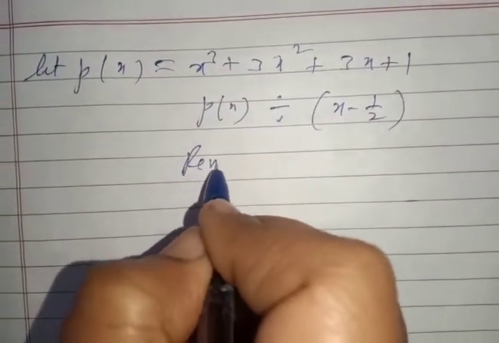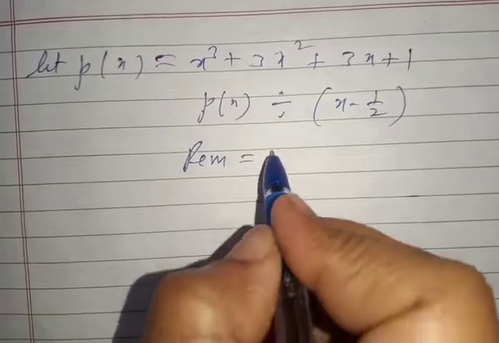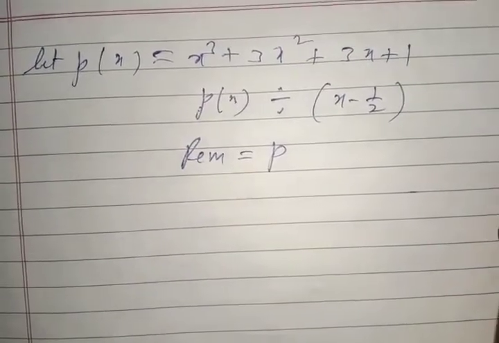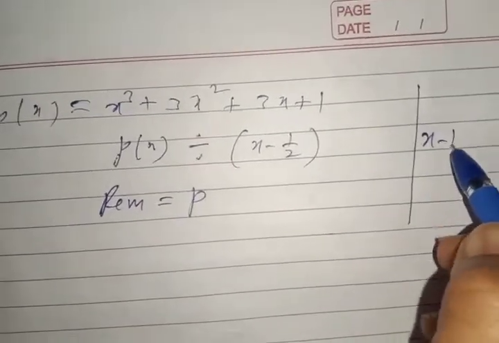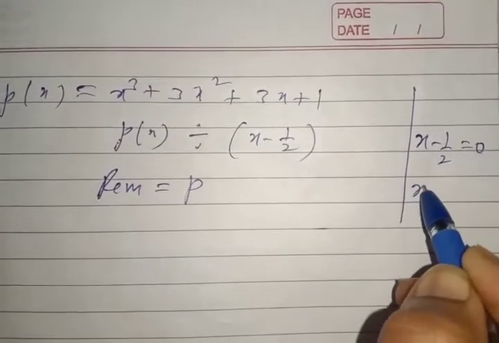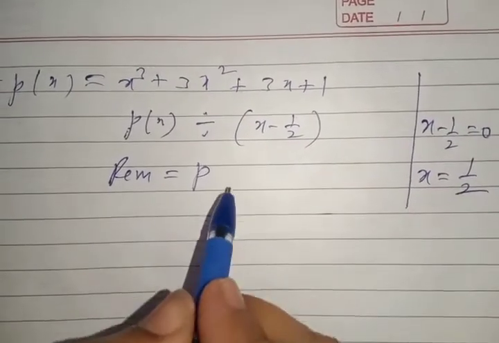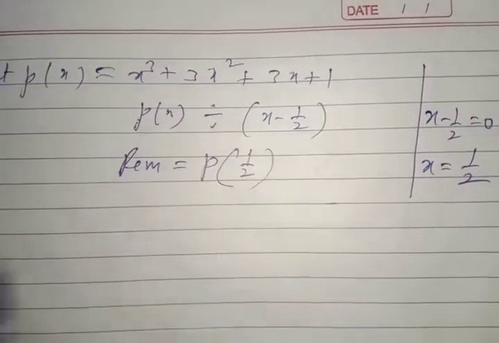So remainder is equal to this p, because the name of the polynomial is p, and in place of x we will find the value of x. Minus half is equal to 0, and x is equal to, shift this minus 1 by 2 to the other side, it will become plus. So remainder will be p of 1 by 2.